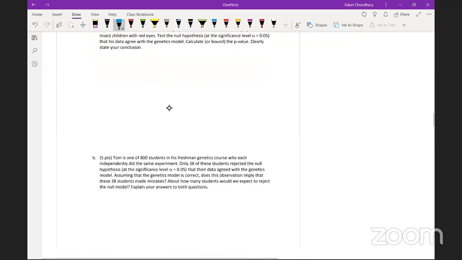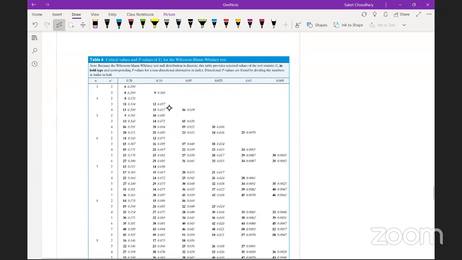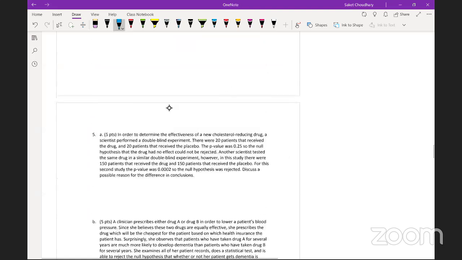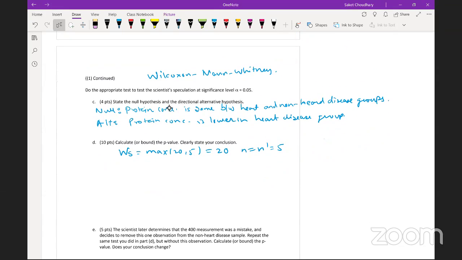So we'll go to the table at the bottom on the non-routine test problem, and we'll select the row corresponding to 20. Okay. One other thing that you need to be careful about is the non-directional. This particular test is non-directional, right? So you need to divide it by 2. Okay.